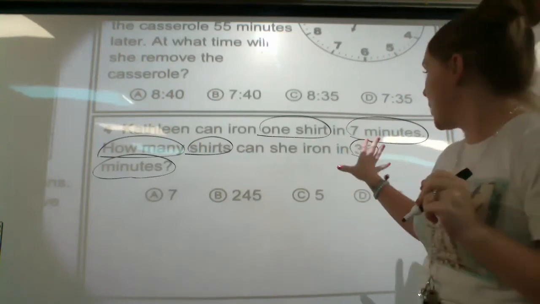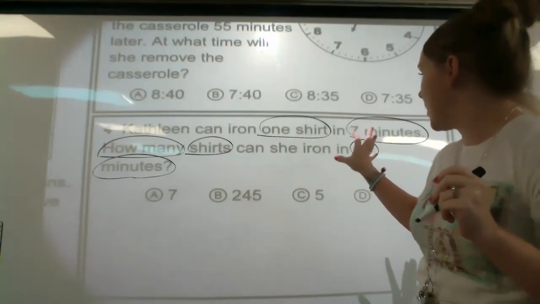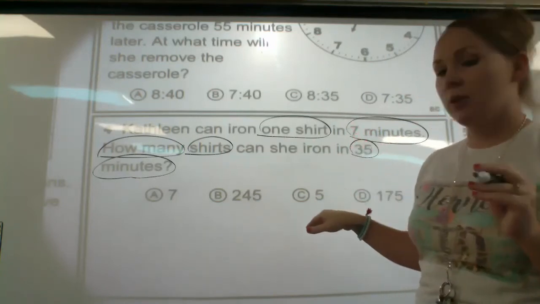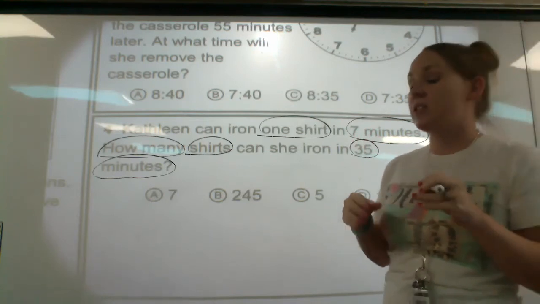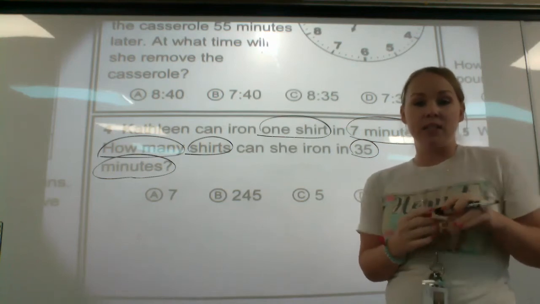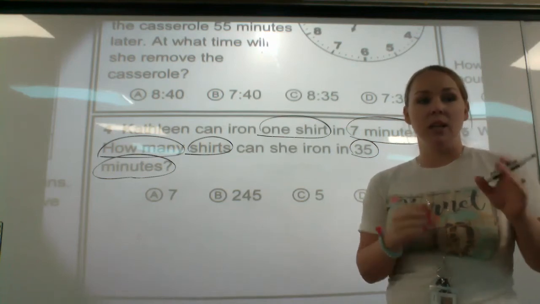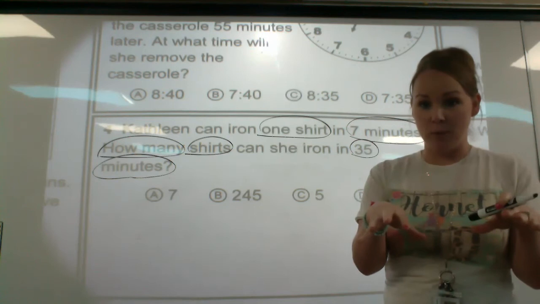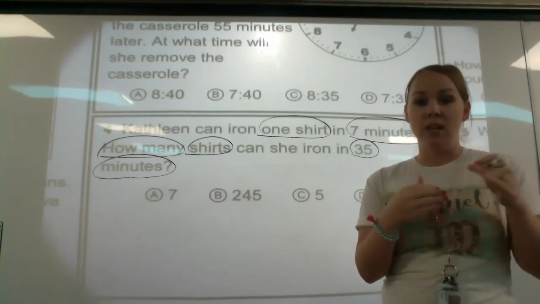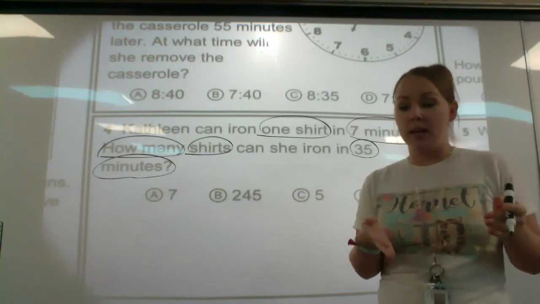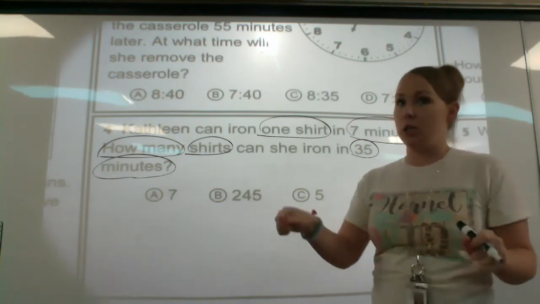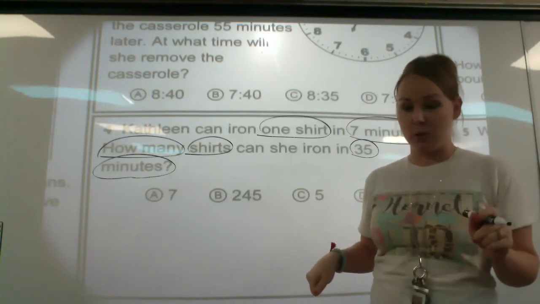This is a good little word problem. We've got some good keywords, and we can draw a little picture. I'm going to make a little strip diagram to go with this. And I think it's great to draw a picture if it makes sense to you, because it's a good way to see the problem. And I always say, try to think about these problems as a real life thing that could actually happen, like you're actually in the situation, ironing the shirts.